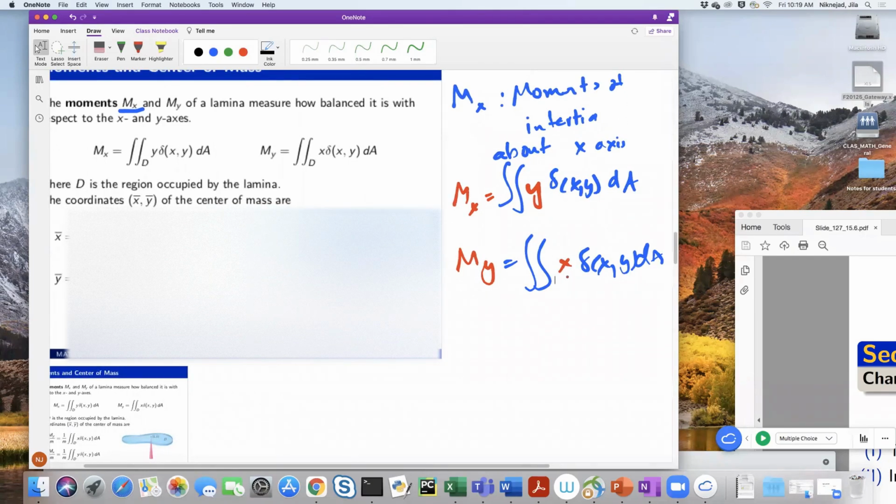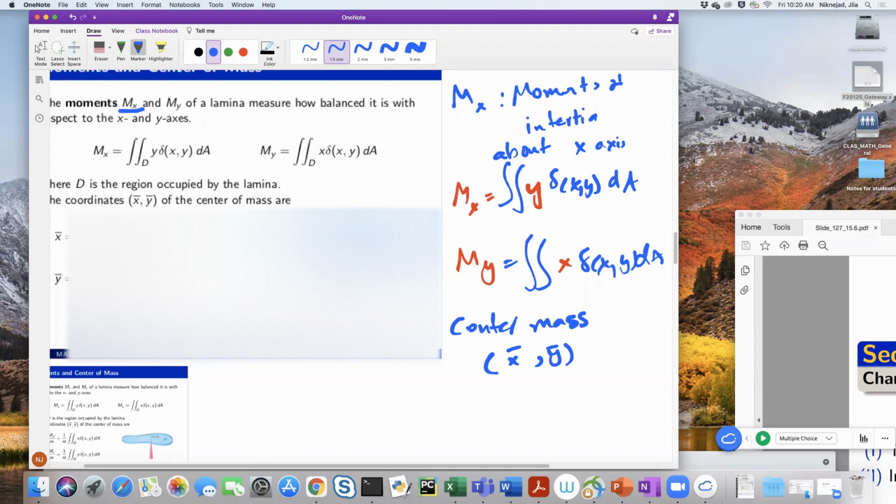But then if I want to find the center of mass, then for x values, I'm finding the m sub y. So if I'm finding the center of mass, we call it x bar and y bar.